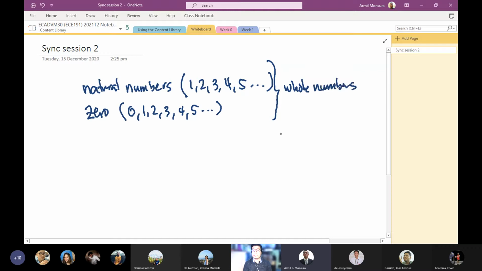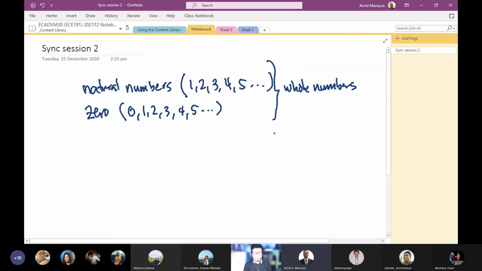Okay? Naaalala nyo to? Or maaaring hindi nyo matandaan ito kasi medyo matagal na rin to. Pero basically, ganyan yung order ng pagkakaaral nyo ng numbers. Okay. Then later on, siguro mga grade 3, 4, 5, 6, mga ganun, pinag-aralan nyo yung konsepto na pag nag-divide ka ng dalawang numbers, maaari hindi whole number yung sagot mo.